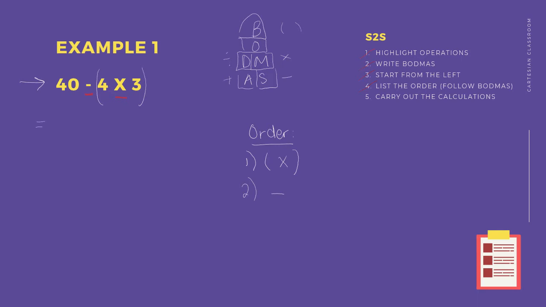From the left, you just bring down 40 because we're going to deal with that later. Minus, what is 4 times 3? 4 times 3 is 12. So you have done the multiplication.